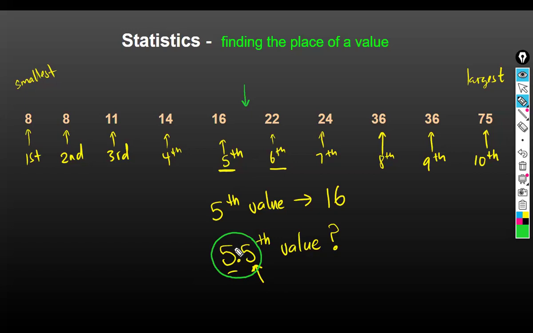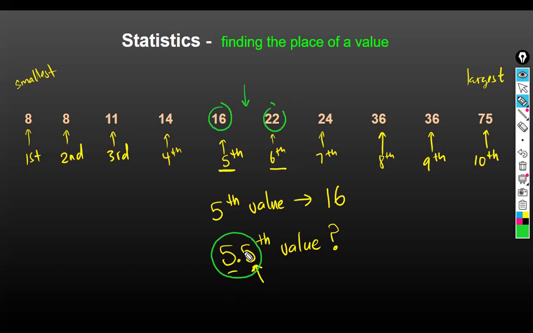Let's clear this up first. Is it a reasonable assumption that the 5.5 place is in between the fifth place and the sixth place? So you want the value that lives in between 16 and 22. And I just showed you how to find a value in between two values.